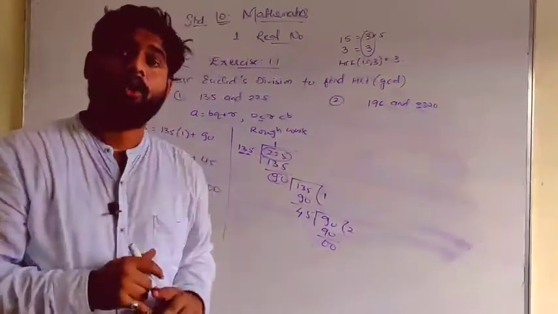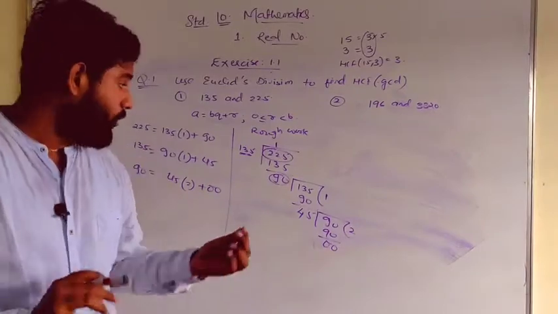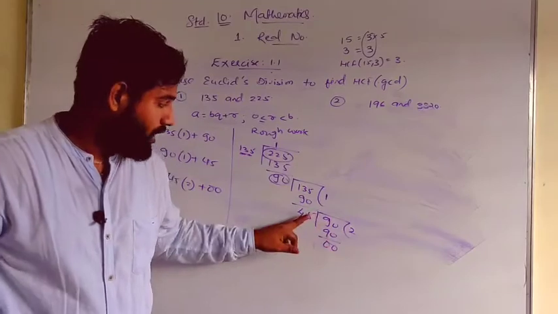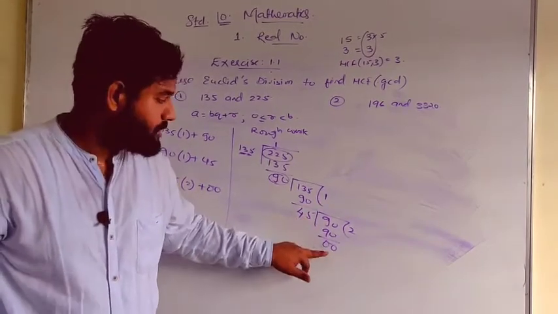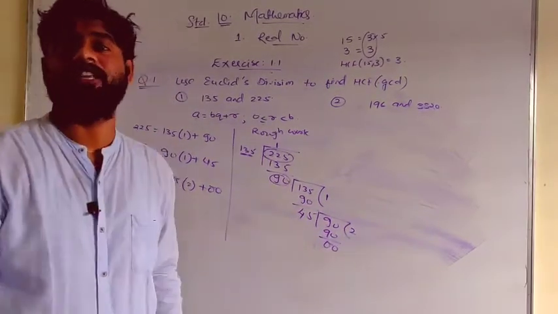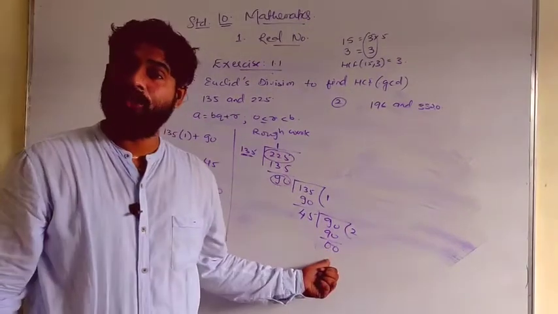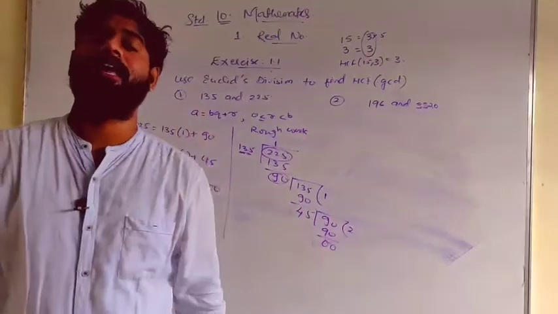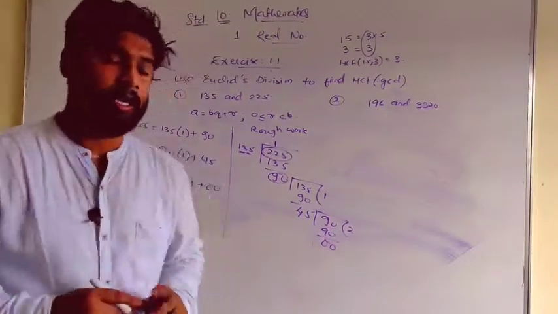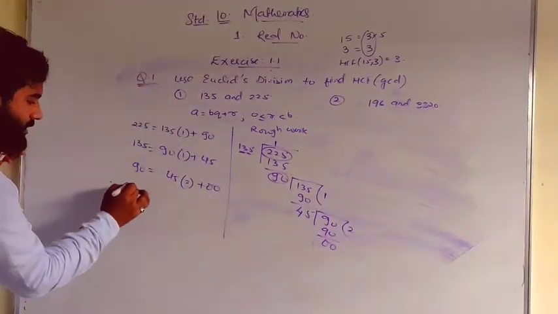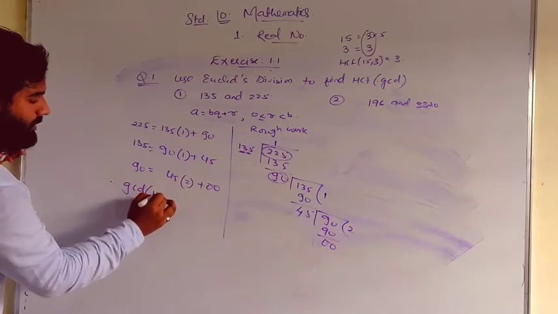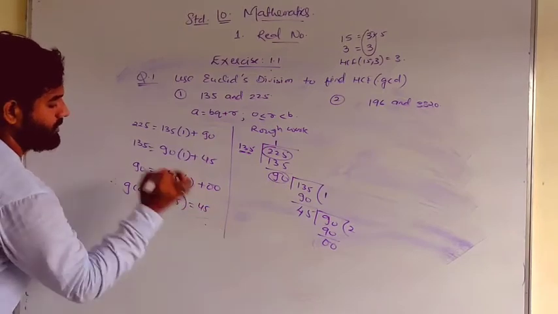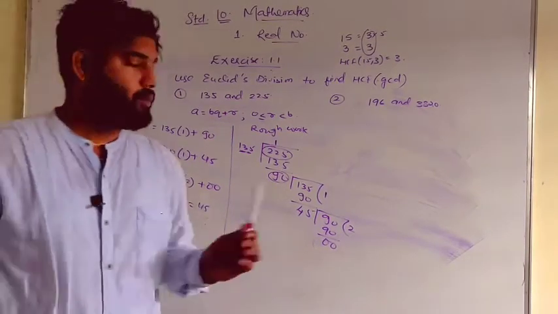As per Euclid division lemma, whatever divisor is making your remainder 0 is called your GCD. So here the GCD of 135 and 225 is going to be 45. That is your answer. So the first sum is clear.